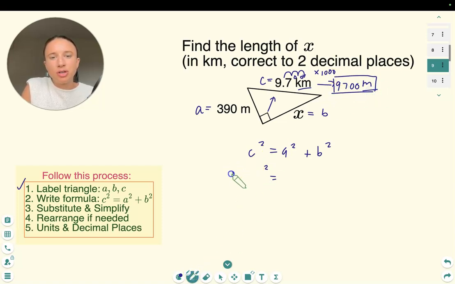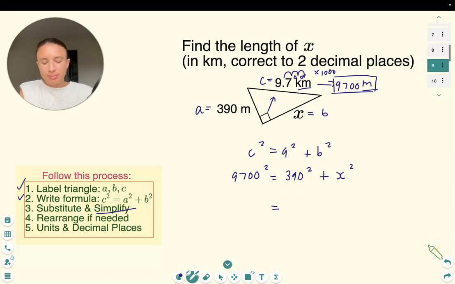We're going to substitute 9,700, and we got 390 squared plus X squared. Now we want X on its own, and there's a few things happening to it. But before that, we're going to simplify. 9,700 squared, I can come up with a number for that.